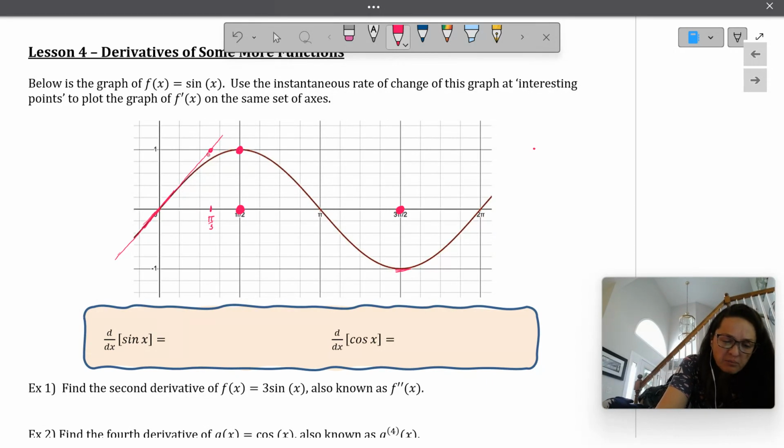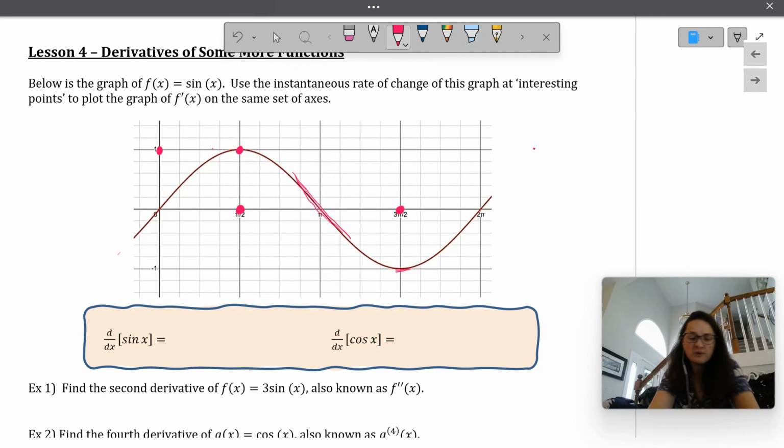So it looks like my slope is x goes up by pi over 3 and y goes up by 1. And so that's really 3 over pi, and 3 over pi is approximately 1. So at the beginning of the graph, my slope is approximately 1. Okay, cool. And then right here at pi, I have the exact same slope as when I started, except it's going downward, so now my slope is negative 1.